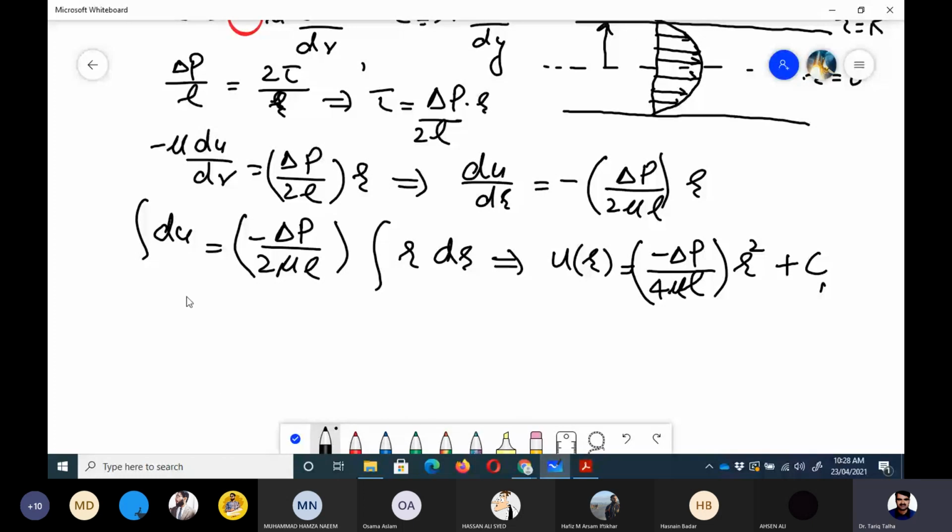So we can write that at R equal to capital R, u of R is equal to 0. Maybe it should be u of capital R. So let me write it here: u of capital R, which is the pipe surface, is 0. Why is it 0? Because of the no slip condition.